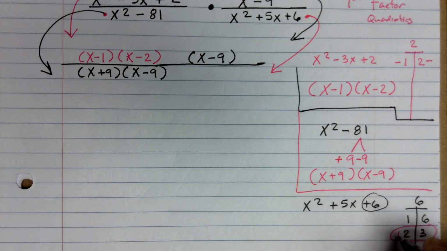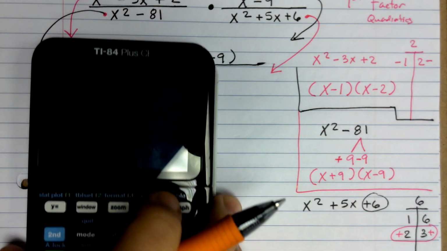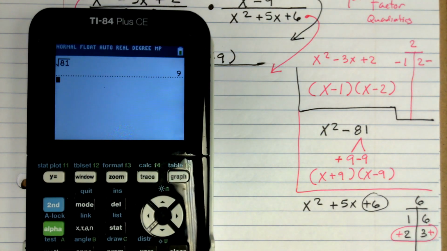And I know they're both positive because the 6 is positive, so 2 times 3 is 6, right? And just to show you, 2 times 3 is 6, and then 2 plus 3 is 5, my middle term.